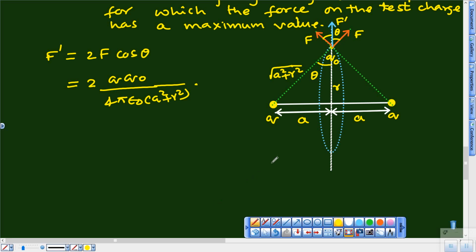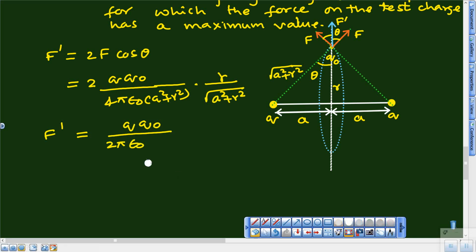And thus you can see that the cos theta is based upon the hypotenuse, which is nothing but r upon under root a square plus r square. The expression for the total force on the charge becomes Q naught upon 2 pi epsilon naught, and the variable part is r upon a square plus r square raised to the power 3 by 2.